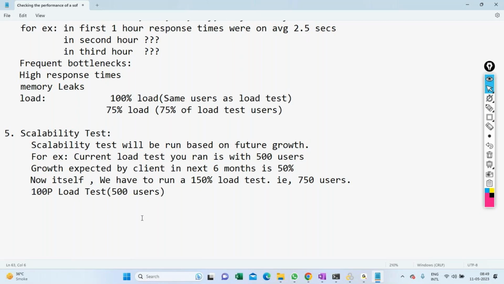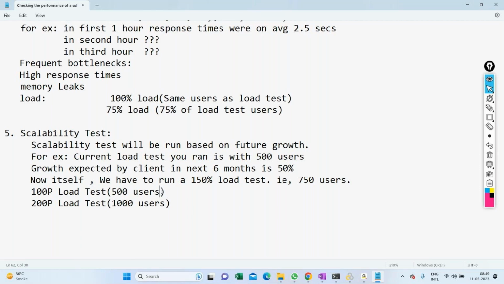So the reason why we don't run 400% directly: instead of running 400% directly, we increase the load gradually. Then we run a 200% load test, which is 1,000 users. It's not only about users, it's also about the target iterations, like transactions per hour.